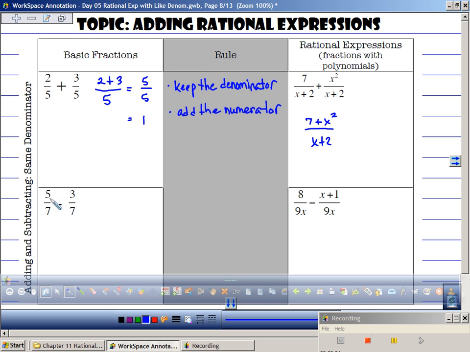Okay, but what about when we're subtracting? So it's the same process. Keep the denominator. But this time I want to distribute the negative. Distribute the negative, then add the numerator.